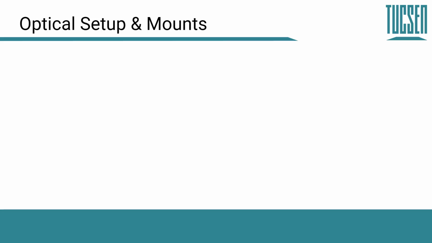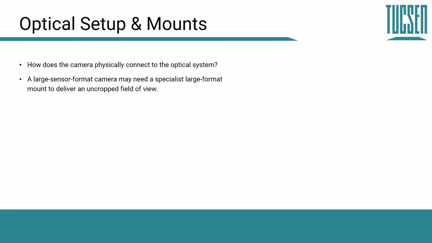Speaking of optical setup and mounts, we have this question of how the camera can physically connect to the rest of the optical system. And we have a number of different options here, depending on what kind of setup you have that you're connecting the camera to, and how large a field of view you need to actually support for that camera.